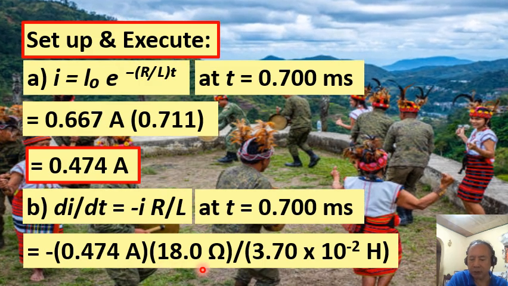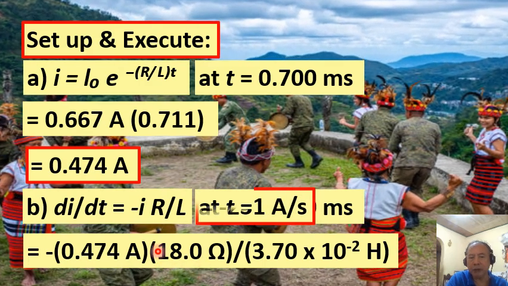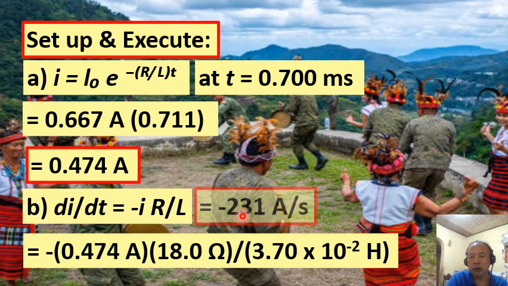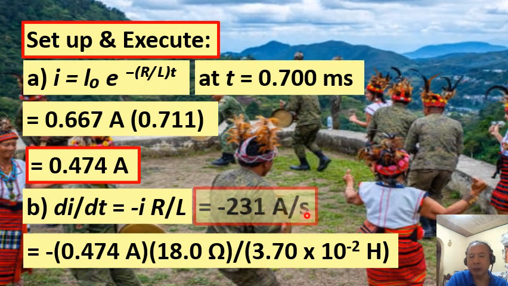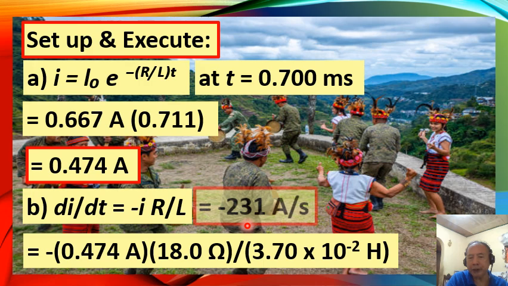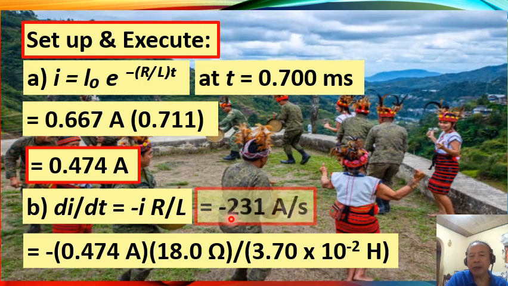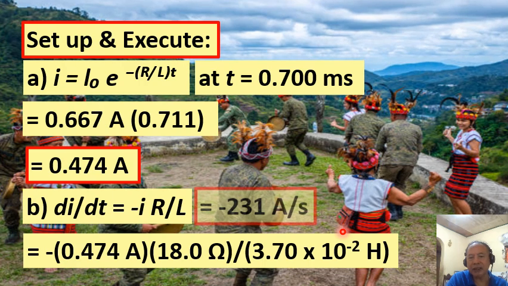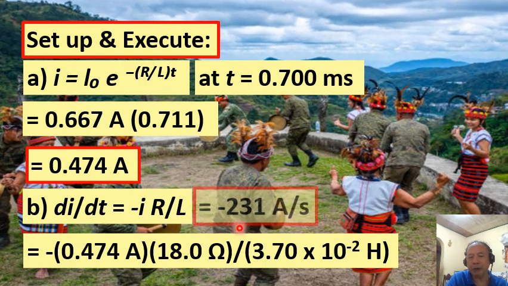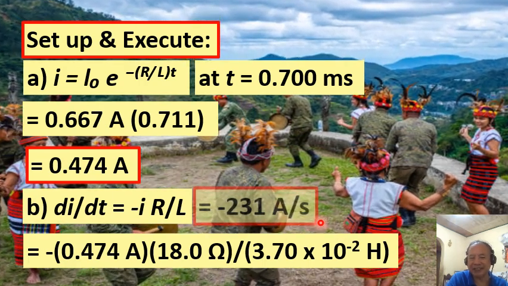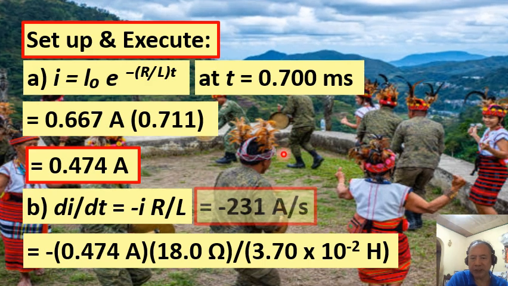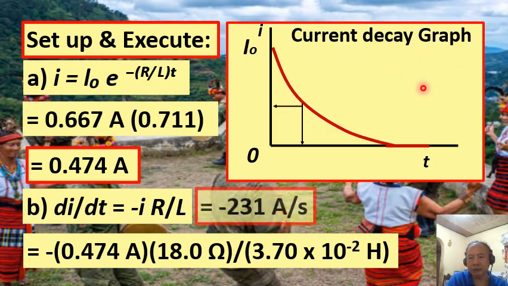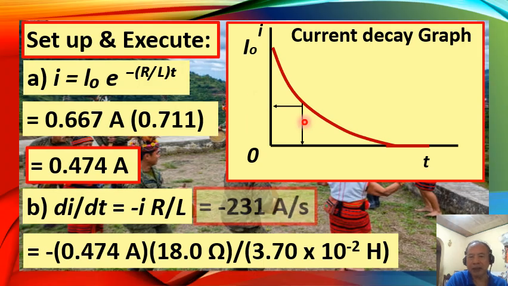So when we do our math, we get the value of di over dt equal to negative 231 amperes per second, where the minus sign simply suggests that there is a decrease in the amount of current as time passes. And this is supported by our current decay graph earlier explained.